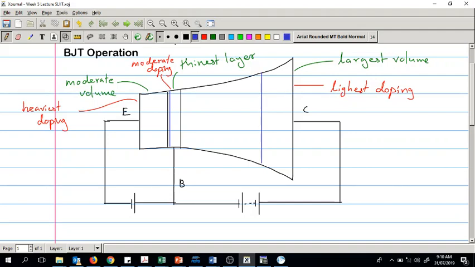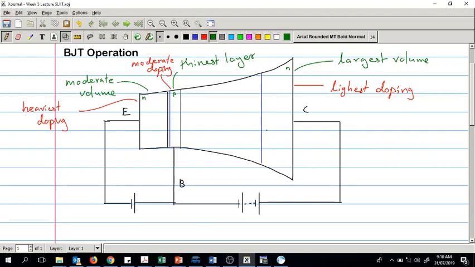And what are the, okay, now we are talking about an NPN transistor. So this is N, this is P, and this is N. So what about the charge in here? We know that the depletion layer has charges.